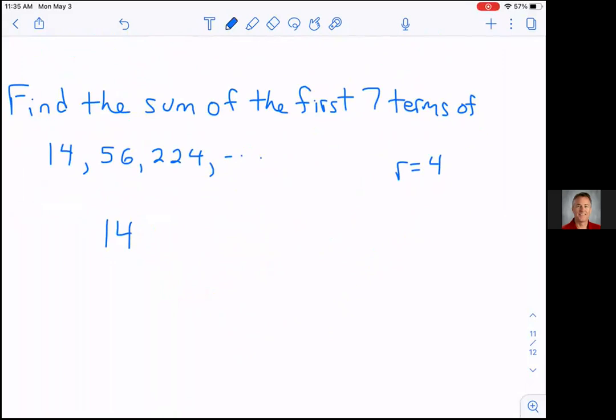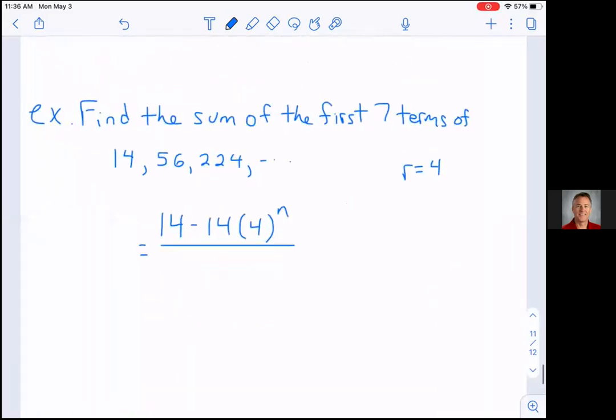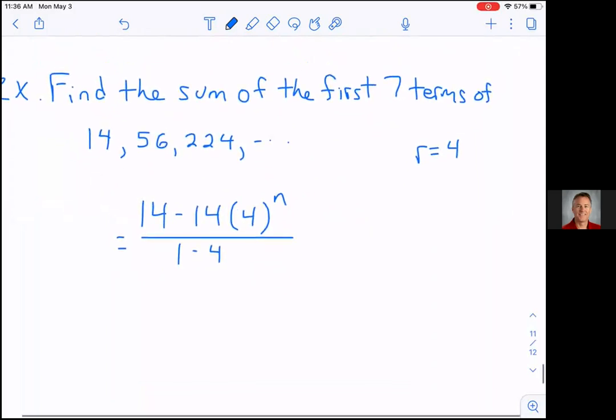So minus a sub 1, which is 14, times R, which is 4, to the n power. And that's all divided by, and just keep going back to show we're using that equation, 1 minus R on the bottom, so over 1 minus 4. Okay, so I just filled in a sub 1 is 14, minus a sub 1 times R, which is 4, to the n power, over 1 minus R.